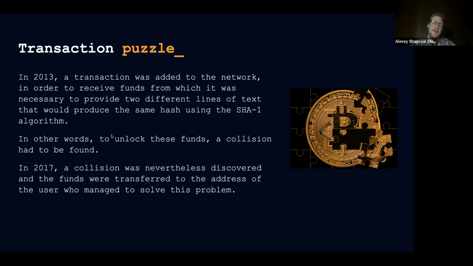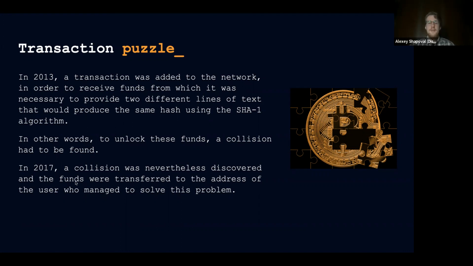And interestingly, the collision was discovered only in 2017, when a person provided two different lines of text with the same resulting hash value.